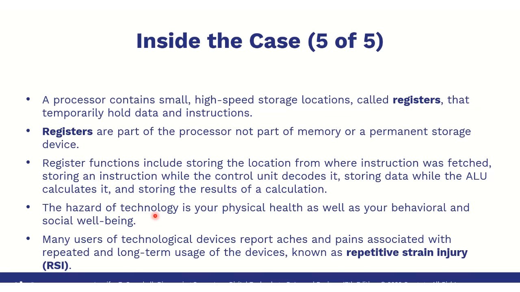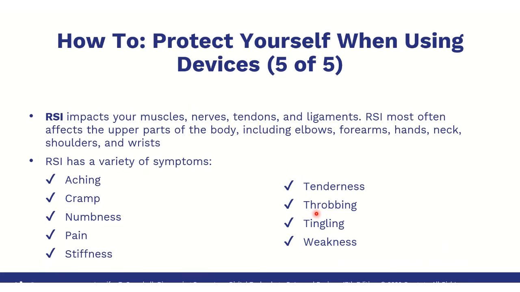The hazards of technology affect your physical health as well as your behavioral and social well-being. Many users of technological devices report aches and pains associated with repeated and long-term usage of the devices, known as repetitive strain injury, RSI. You can protect yourself when you use your device.